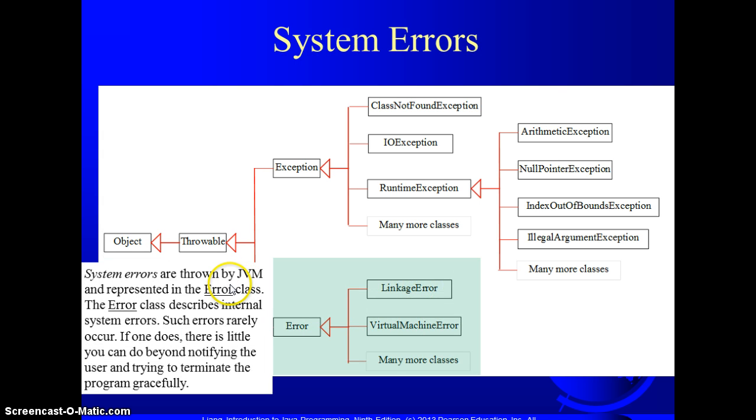System errors are thrown by the JVM and represented in the Error class. So the Java Virtual Machine throws that. The Error class describes internal system errors. Such errors rarely occur. If one does, there's little you can do beyond notifying the user and trying to terminate the program gracefully.